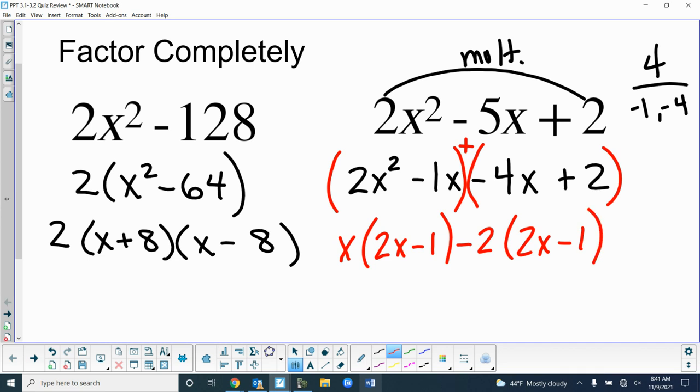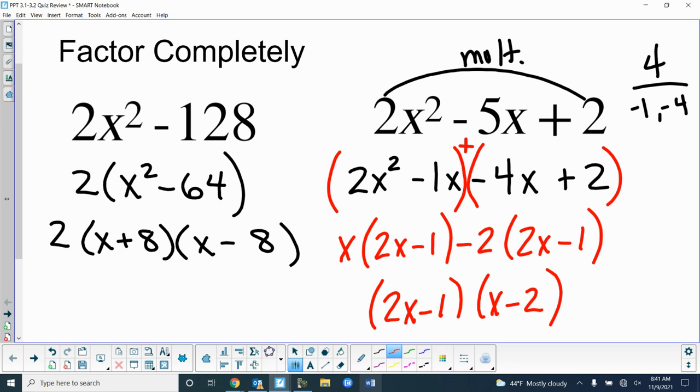Is it working out like we want? Yeah. So one of my factors is 2x minus 1. When those are the same, that's one of them. And then the GCFs you pulled out is the other. Okay? So those are similar to the first 3.